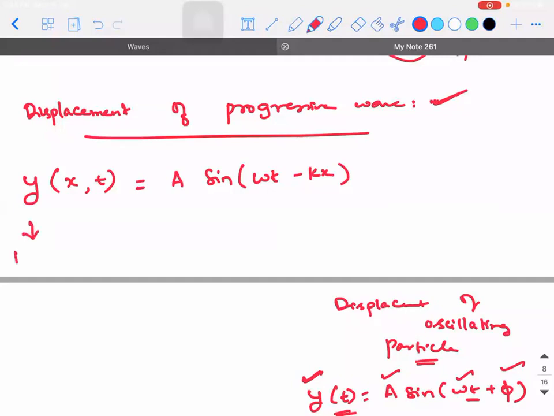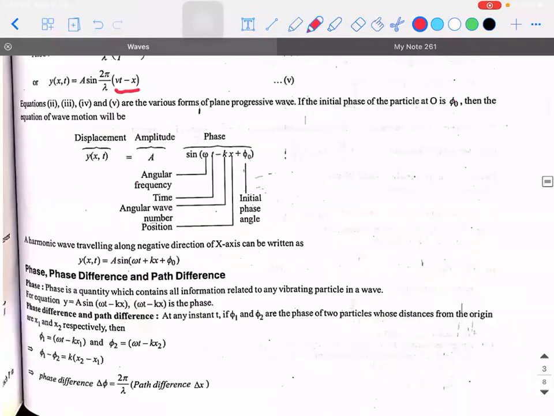Y represents displacement of wave. A represents the amplitude. I'll show it there itself so that it will be easy for you. So Y represents the displacement, A represents amplitude.